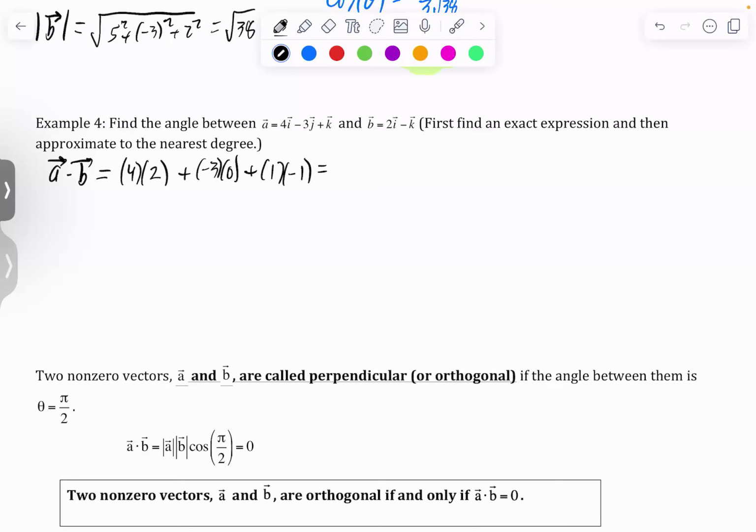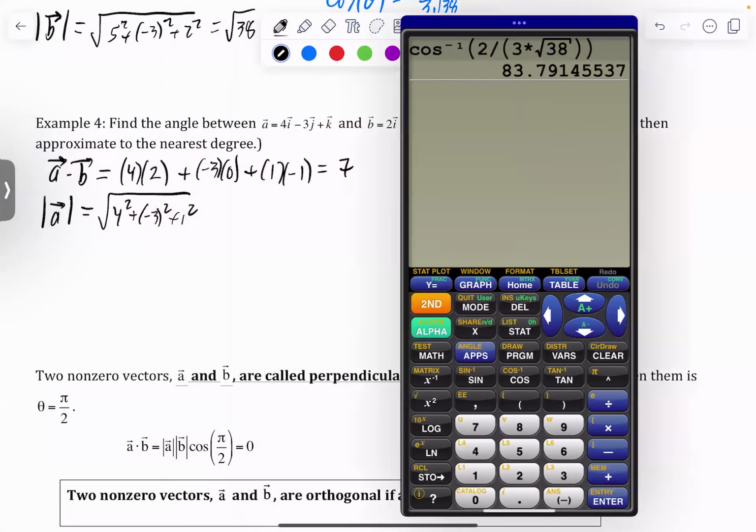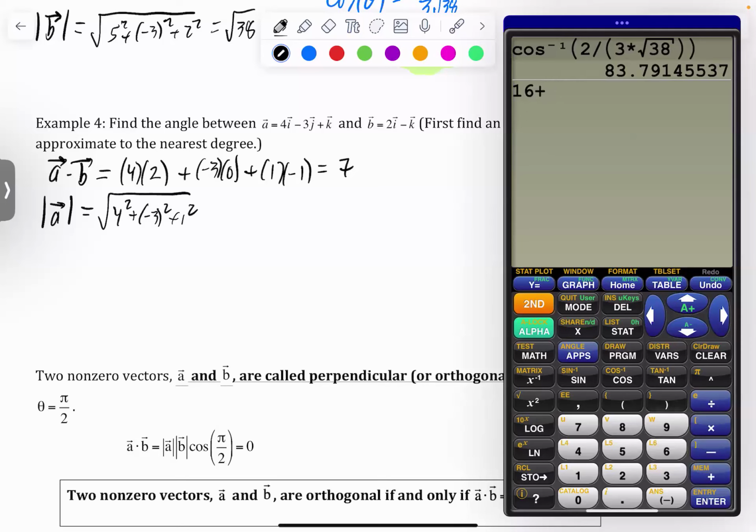Let's see what we get. 8 and 0 minus 1, so it's going to be 7. Magnitude of A, square root of 4 squared plus -3 squared plus 1 squared. So let's see, 16 plus 9 plus 1. I'm getting root 26.